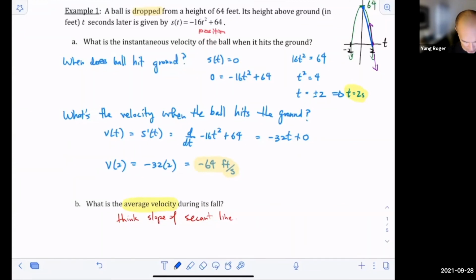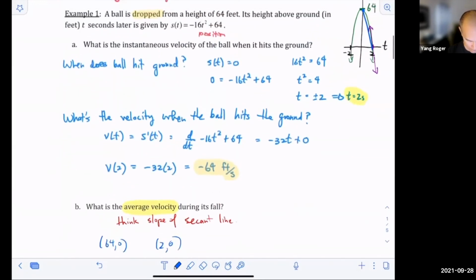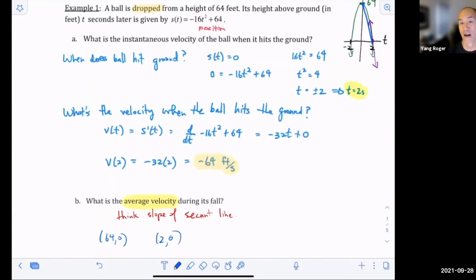Do you think that 64, 0 and 2, 0 would be the 2 points that I want or not? Oh, 0, 64, okay. Right, the 0, 64, that's the point right when they drop the ball. And the 2, 0, that's the point where the ball hits the ground. So this whole part of the arc here is when our ball is dropping.